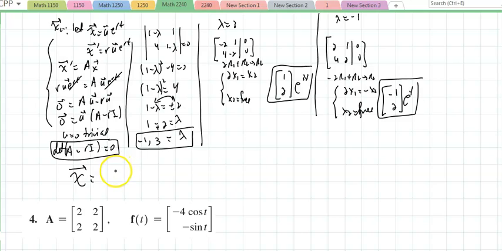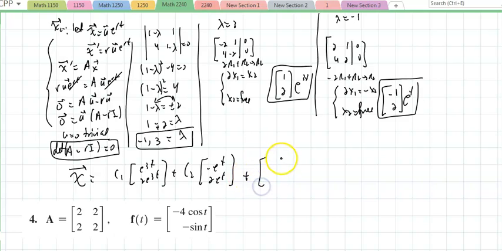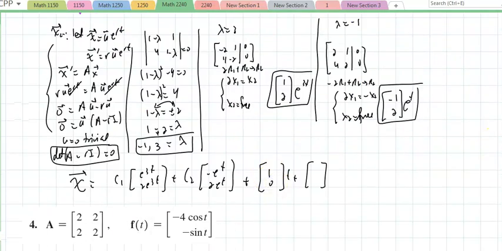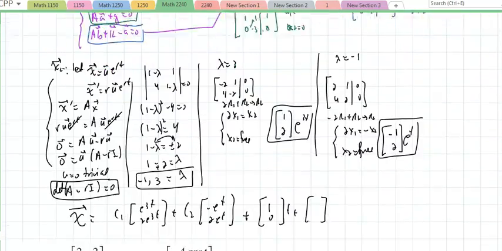X equals C1 e to the 3t, 2e to the 3t, plus C2 negative e to the t and 2e to the t, plus a t plus b. And A was, what did I get? I got A to B: 1 0 and 0 2.